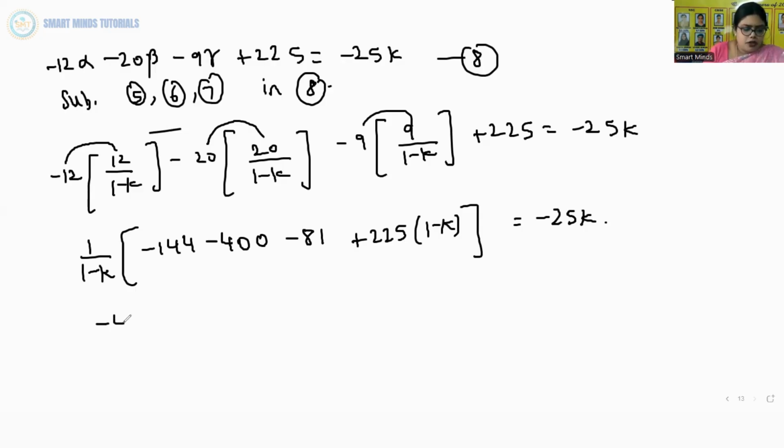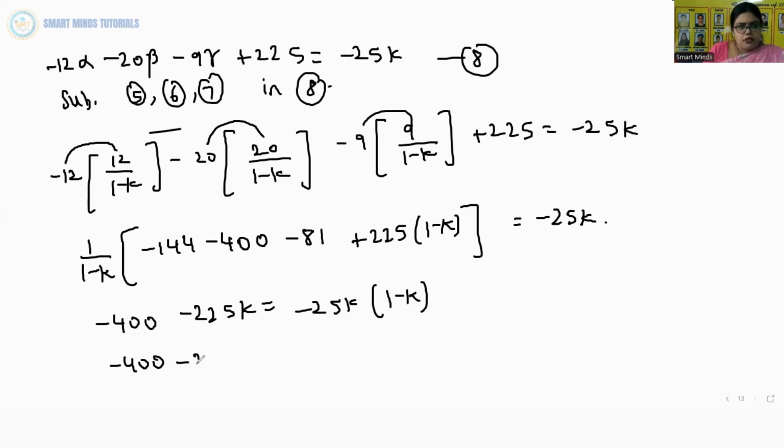Now minus 400 minus 225k is equal to minus 25k into 1 minus k. We are cross multiplying. So you get minus 400 minus 225k equals minus 25k plus 25k square. Here I multiplied this into this into this.